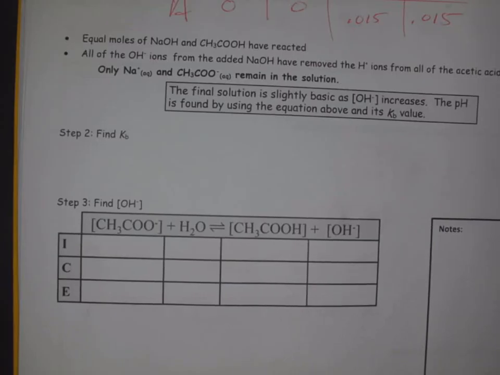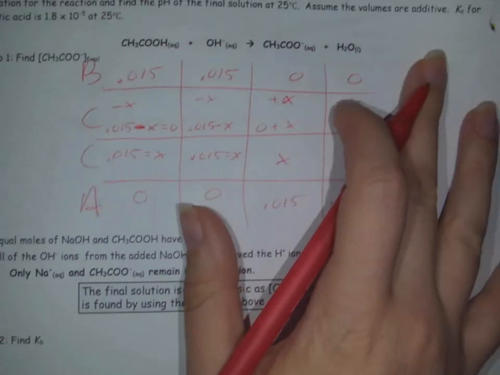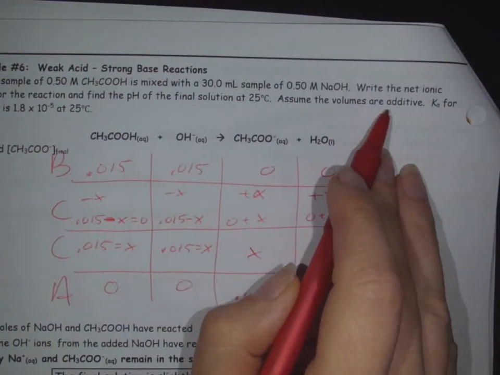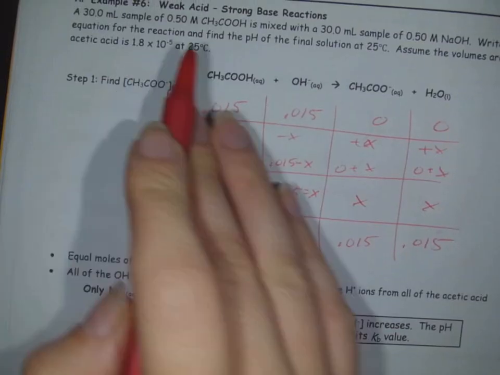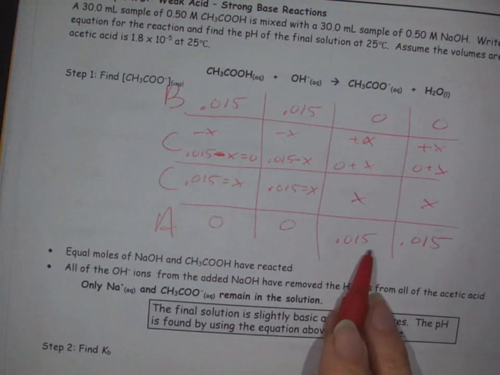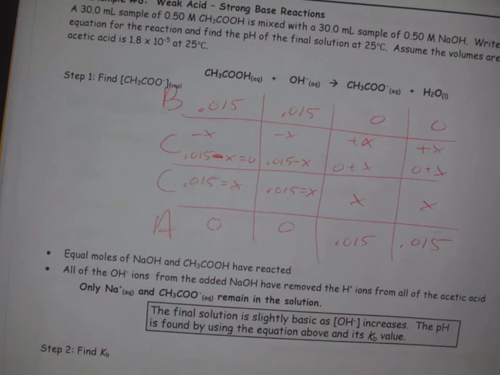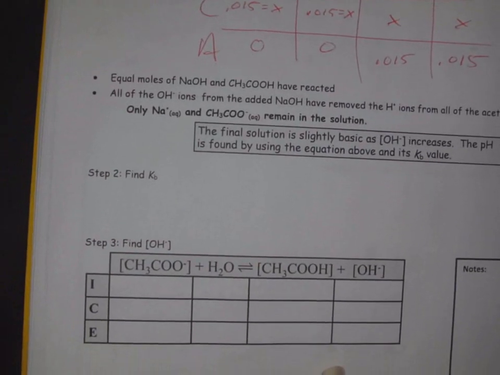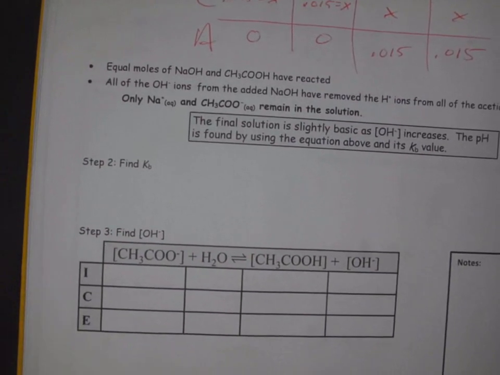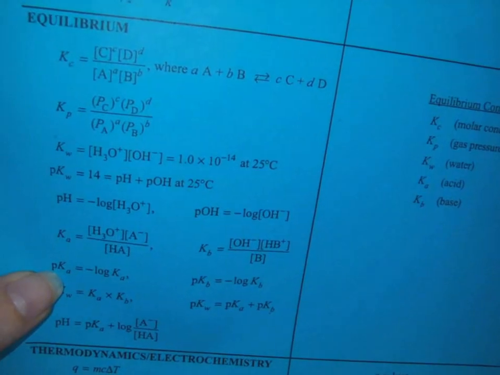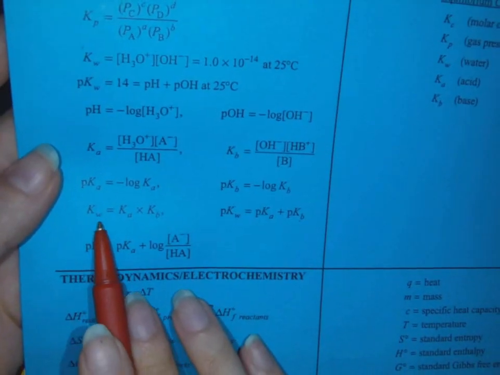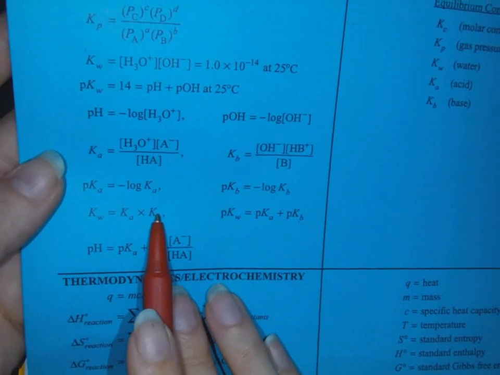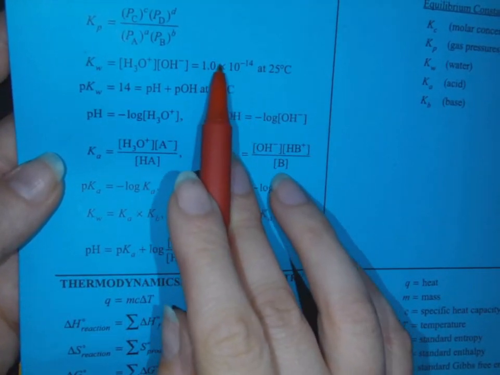We were told what the Ka was. It says the Ka for the acid is right here. But notice what we have is its conjugate base. So we're going to find our Kb value. Now what's cool is right here, Kw equals Ka times Kb, and we know what our Kw value is.